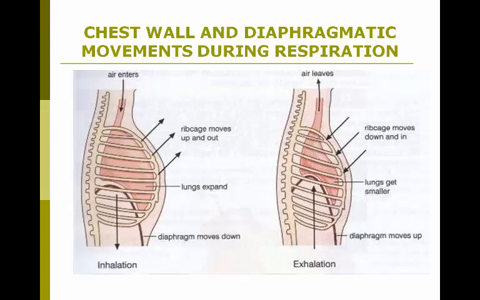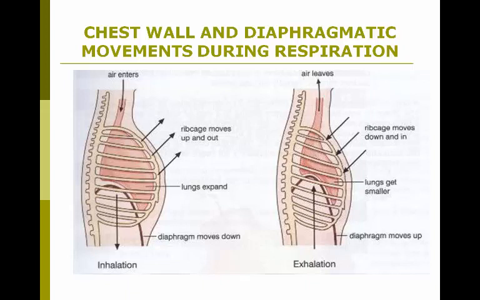This is going to expand the volume of the thoracic cavity. Also, the rib cage moves slightly upward and outward, which is going to further increase the volume of the thoracic cavity. When that happens, it's going to decrease the pressure inside. The pressure drops below what atmospheric pressure is, so air is going to go from a higher pressure to a lower pressure, and it's going to fill the lungs.